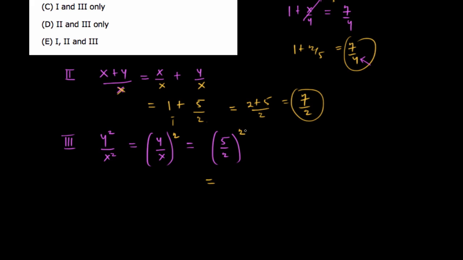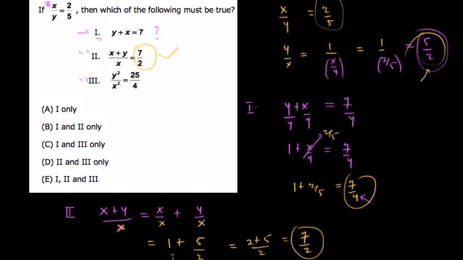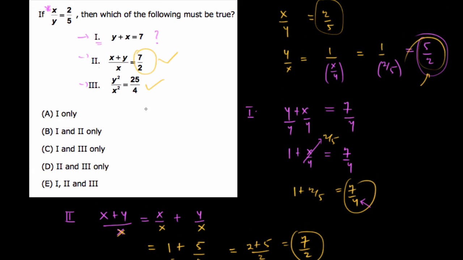According to what we obtained, y divided by x is 5/2, so we make the substitution here. That is (5/2) all squared, which is the same thing as 5 squared, which is 25, divided by 2 squared, which is 4. So y squared divided by x squared equals 25/4. Let's see what they got. Yes, what they got was 25/4.